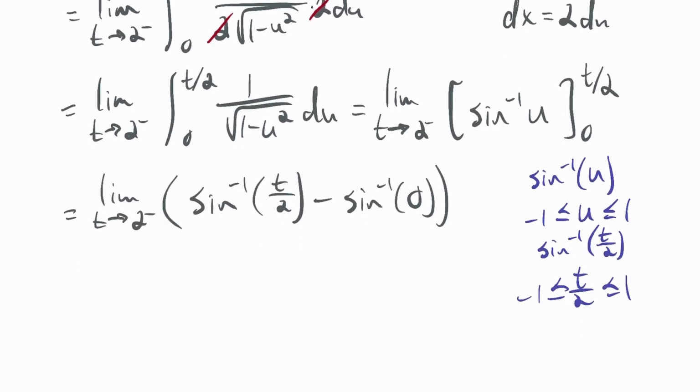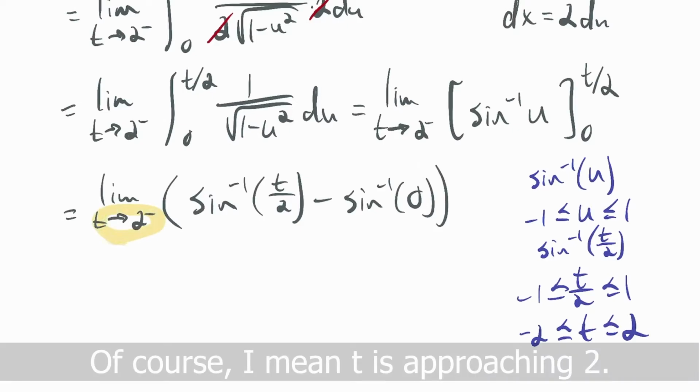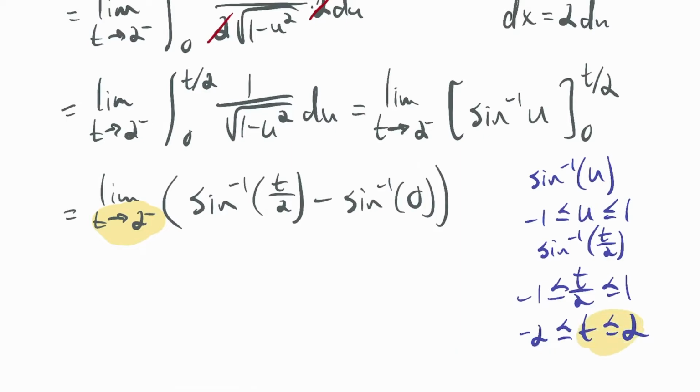So if I take this inequality and multiply by 2 on all three components, I get -2 is less than or equal to t, which is less than or equal to 2. So if we're approaching t from the left, and part of the domain of that function is that t is less than or equal to 2, then 2 is in the domain. So I just plug it in.